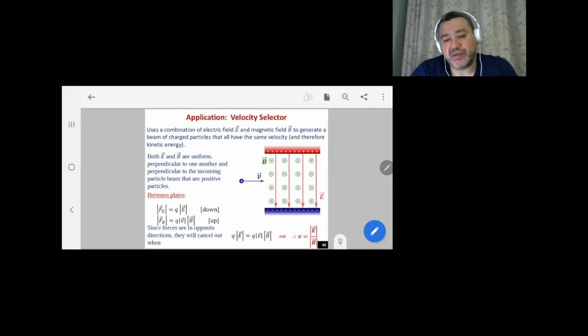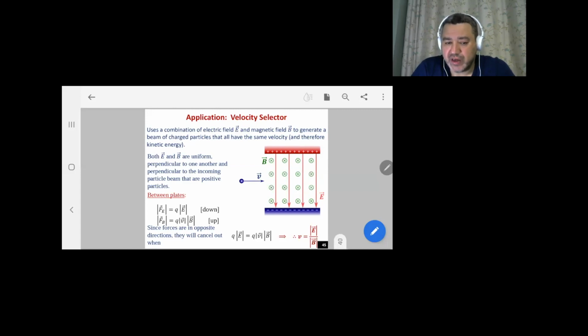We said that the velocity selector is a device where you can tune your magnetic field and electric field such that the charges that leave this region will have equal and opposite forces, which means that they will not deflect either up or down.